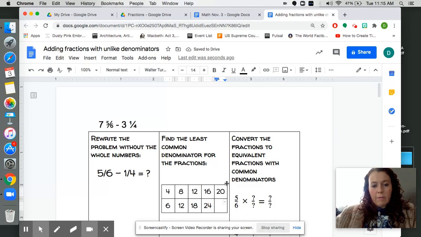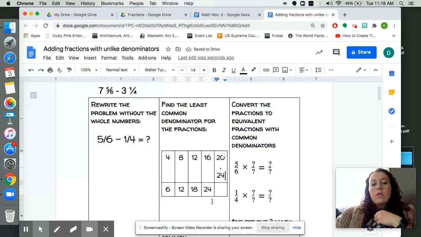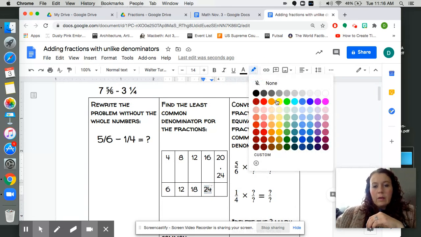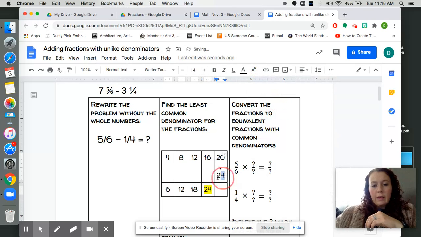I might have to count by 4s just one more time here. So I might have to add a row here. And I'm just going to do a comma here, and I'm going to do 24. So the common denominator for both fractions is, and I can go up here to highlight, is 24.